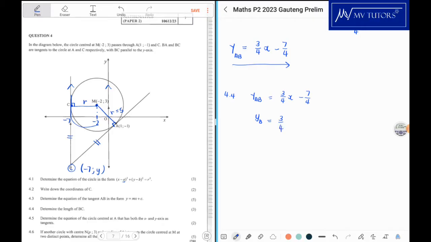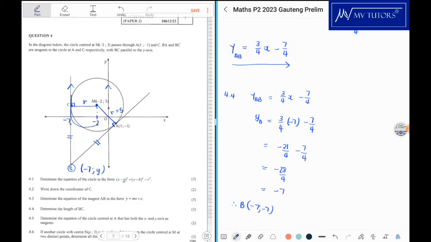y will be our only unknown. If we substitute minus 7 there, what are we going to get? We have negative 21 over 4 minus 7 over 4, and that's basically negative 28 over 4, which is negative 7. 28 divided by 4 is 7. So B therefore has the coordinates of minus 7, minus 7.